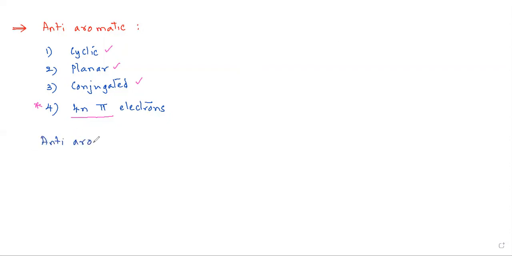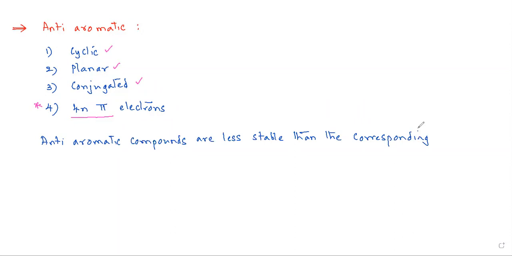Anti-aromatic compounds are less stable than the corresponding open chain compounds with the same number of pi electrons.